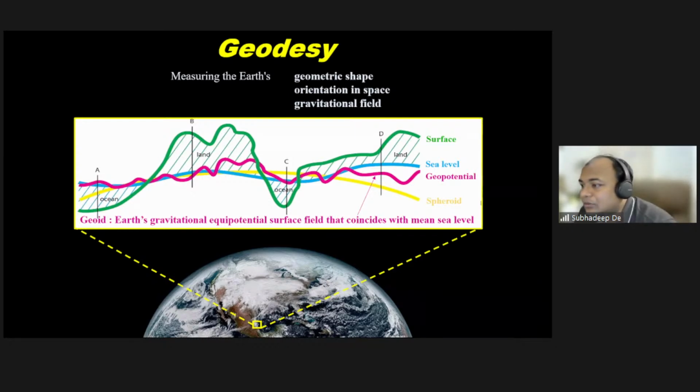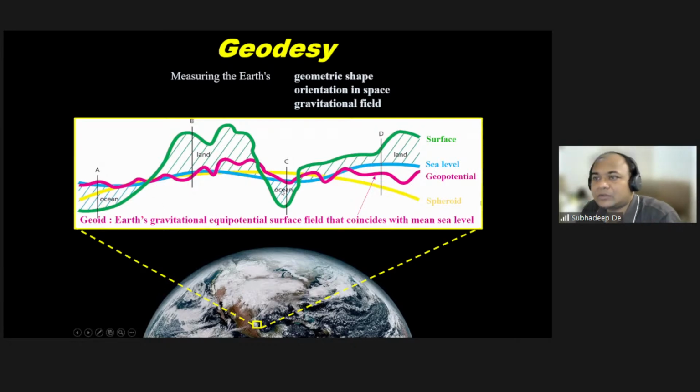The picture you see is basically a surface profile of a particular tiny location, and the green one is just the surface area. Somewhere it is a hill, somewhere it is very deep under the ocean. The yellow is the average radius of Earth.